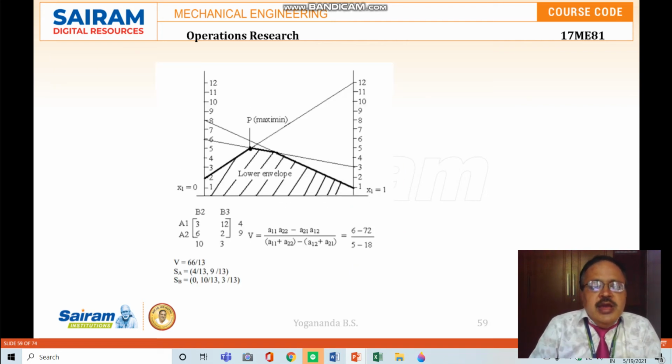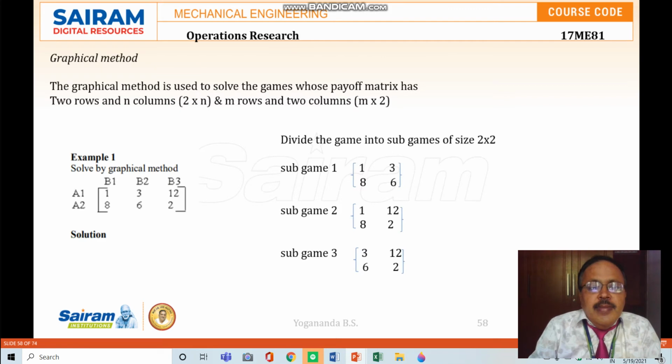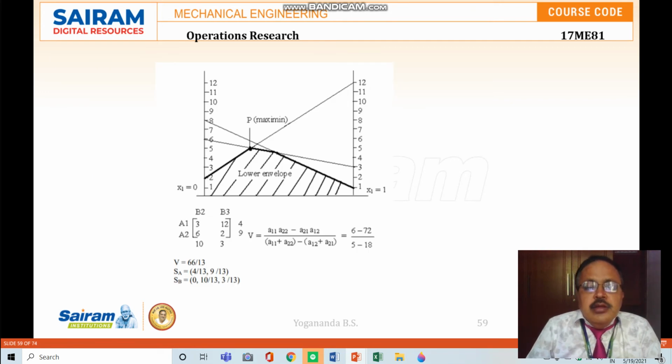So row wise we are taking. Here 1 on line A1, 8 on line A2. So 1 and 8 will be joined. Then we have 3, 6. So 3 on the first line, 6 on the second line. So 3, 6 will be joined.